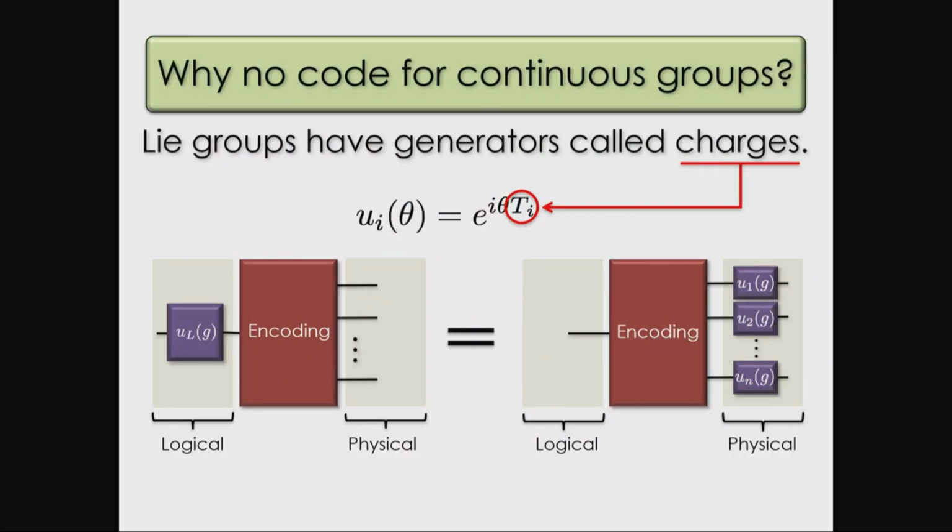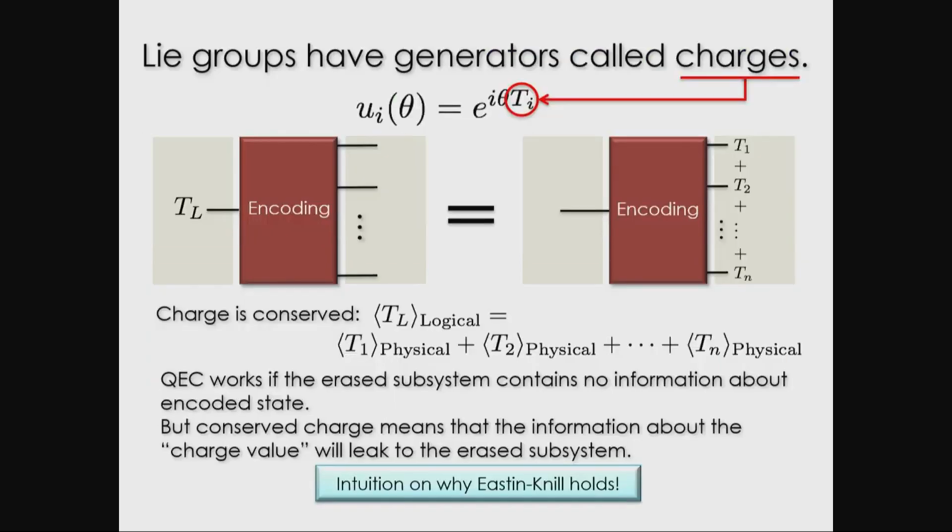So before going into the details, I'm going to tell you intuitively why this Eastin-Knill theorem holds and why there is no perfect quantum error correcting code with a continuous group. And the reason is that a continuous group has generators that are called charges. And when you have a covariant code, you can observe that the charge is conserved, meaning that if you compute the expected value of the charge operator in the logical Hilbert space, it's going to be equal to the expected value of this charge operator in the physical Hilbert space.